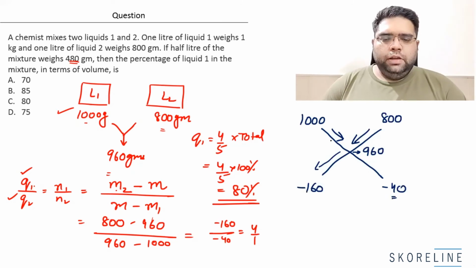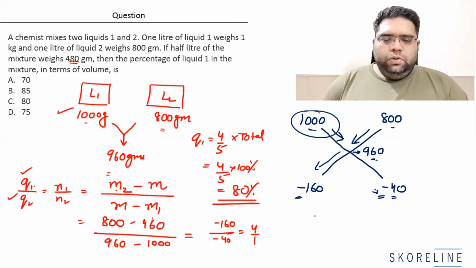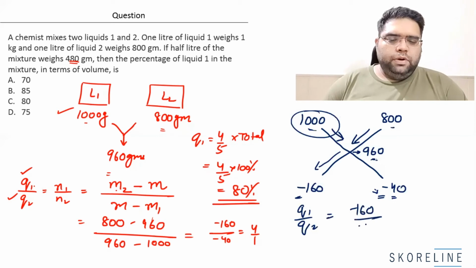But remember, if you are subtracting this quantity from this quantity on this side, then while getting the value on the right side, you will do the reverse. It has to be reversed. Now, see again, Q1 by Q2 would be minus 160 upon minus 40, 4 by 1, right?